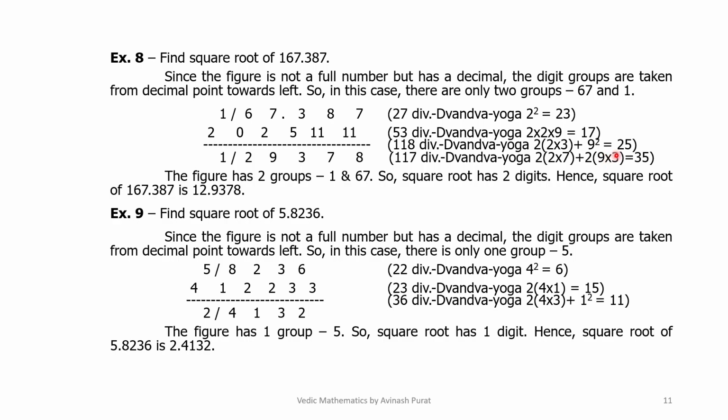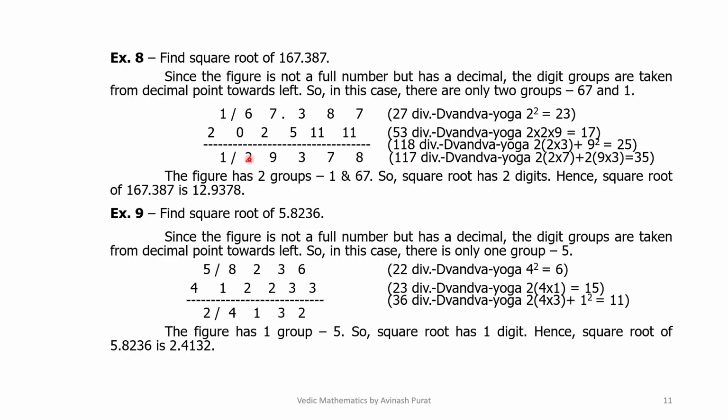So 25 is the result, the final dividend to be divided by 2. So 25 divided by 2, 7 is taken as quotient, and again 11 is the remainder. So 117 is the dividend.